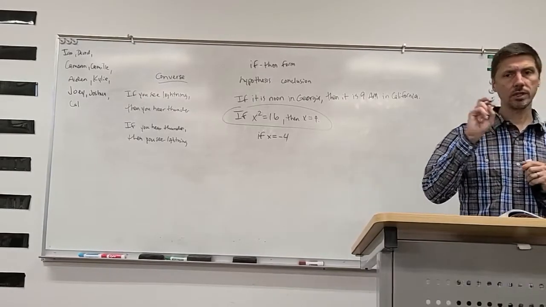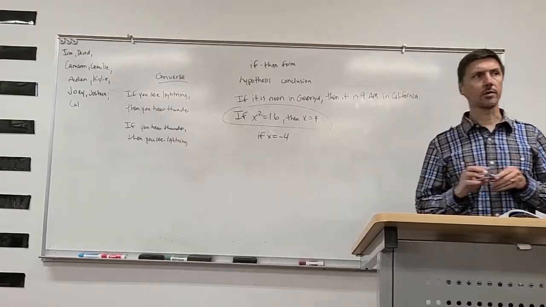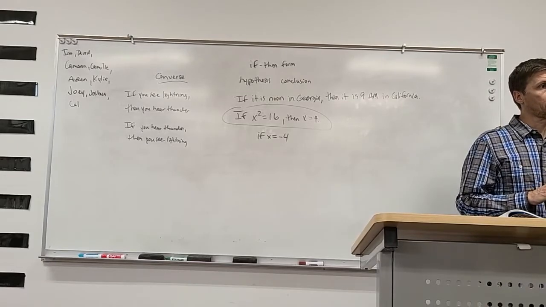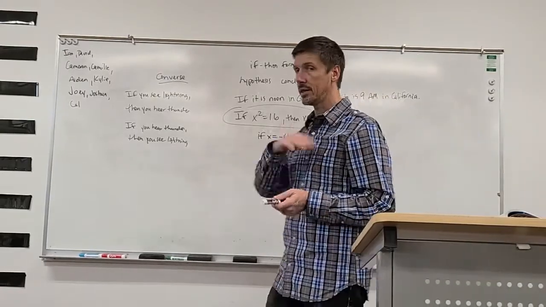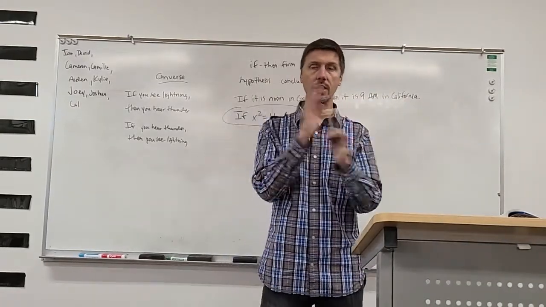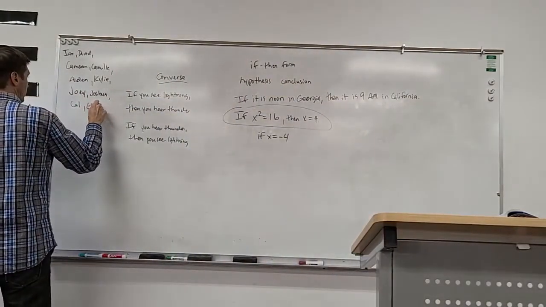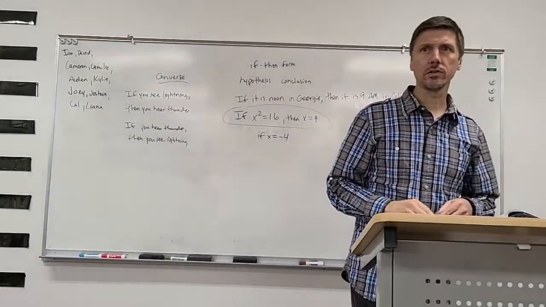Yes? If two segments have the same length, then they're congruent. So we're just giving you the same statement, but in reverse order, right? All right, everybody clear on that? Converse?